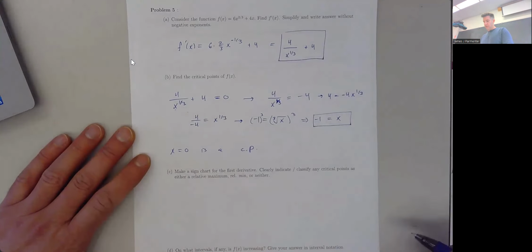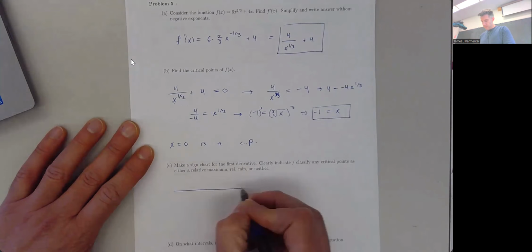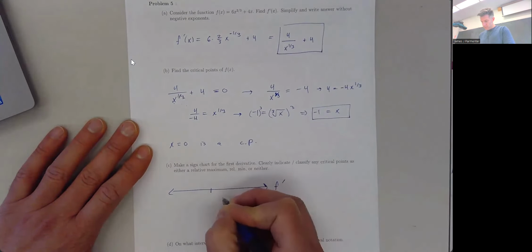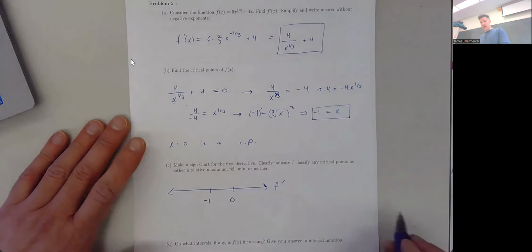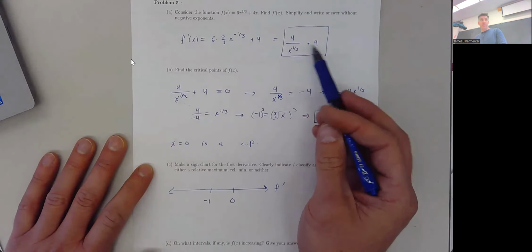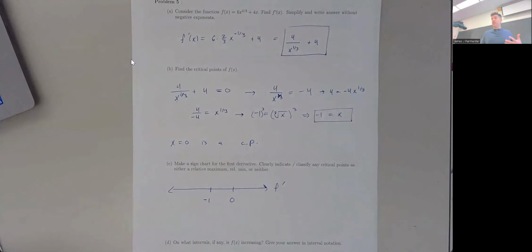Make a sign chart for the first derivative. This one's going to be interesting. I will point out that for our first derivative here, we didn't really factor it in any way, shape, or form. So it's going to be hard to do the thing that I like to do, which is look at the factor a 0 came from, and see if it's an odd or an even power to determine if we're changing or staying the same.